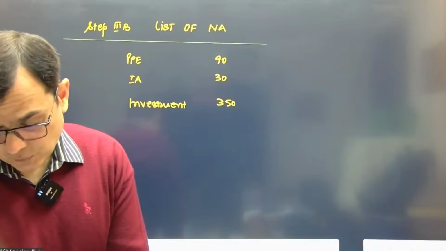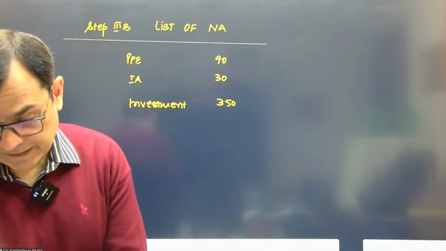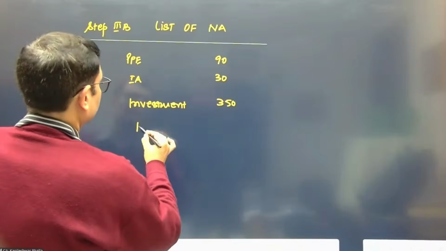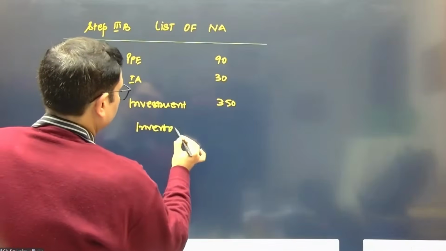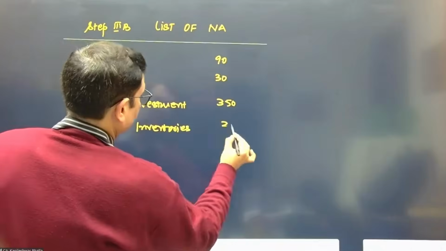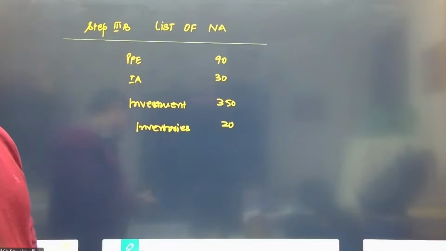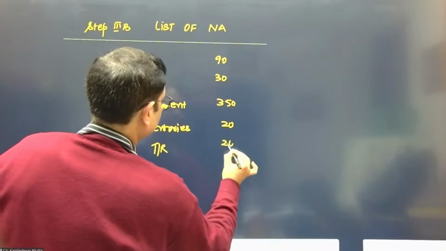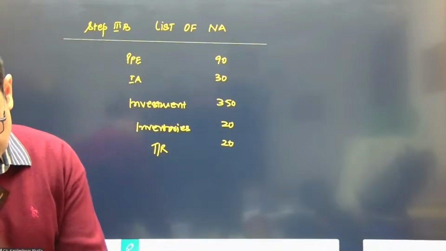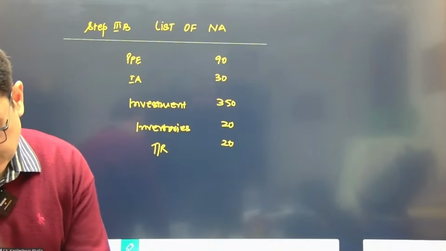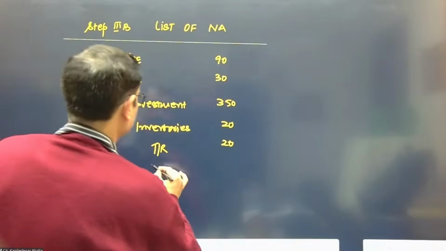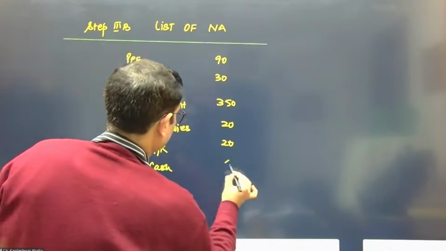Then next, inventories is to the extent of 20. And then there is trade receivables, that is 20. And then the next item given in the balance sheet is cash, that is 4.